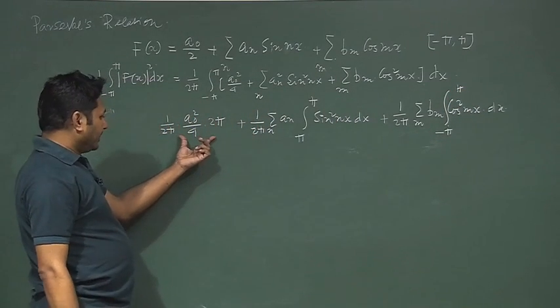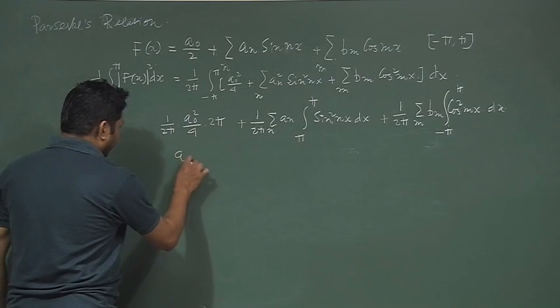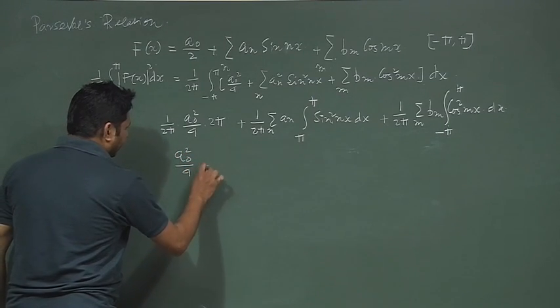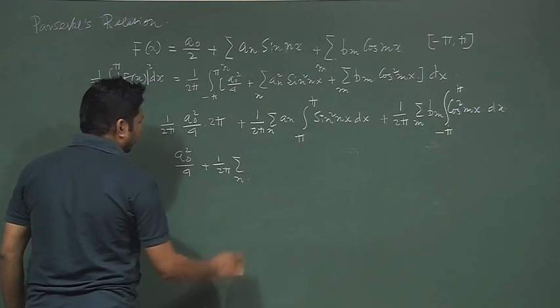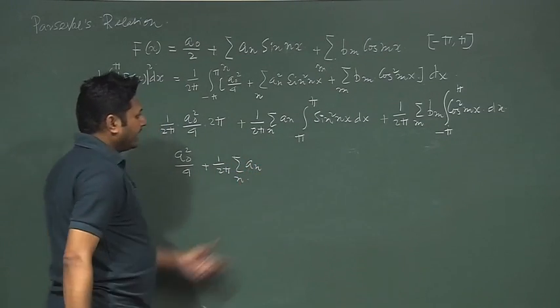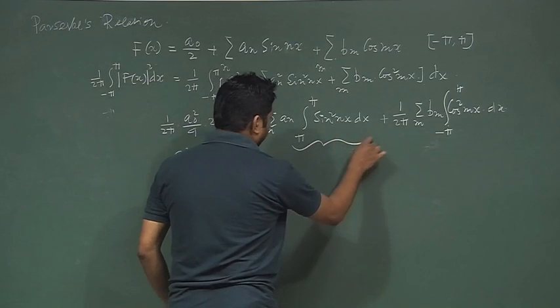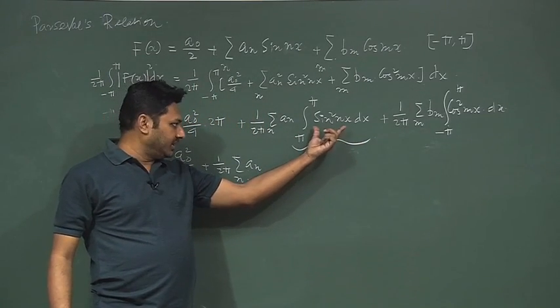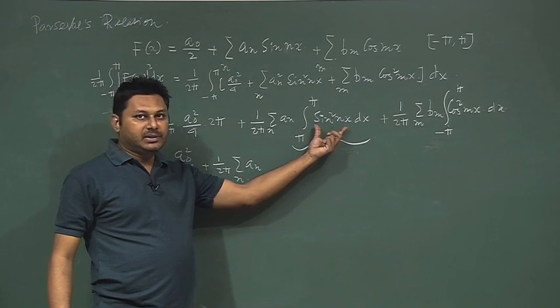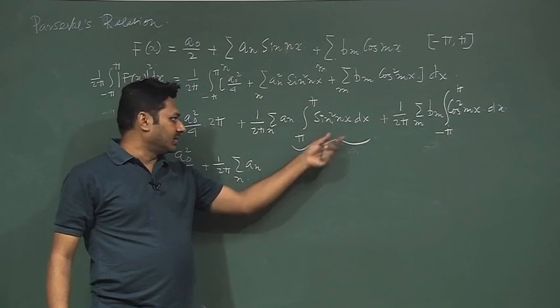The first term I have already evaluated, so it will be simply a0 square by 4. The second term is 1 by 2 pi summation over n of a n square, and I need to evaluate this integral, and I believe you already have an idea how to evaluate it. This is a simple thing, and we have already done it in the previous class.